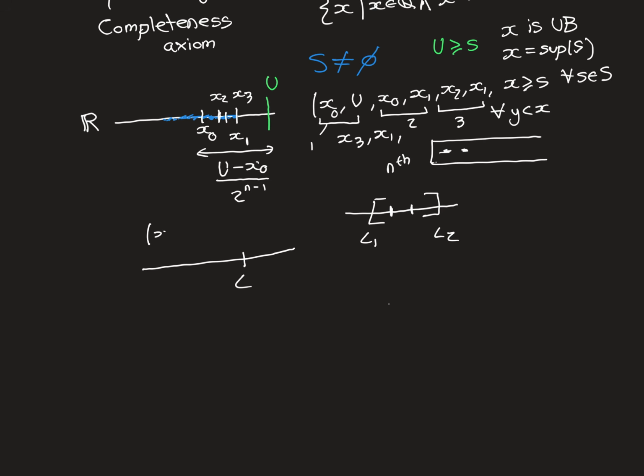So here they are, x0, x1, x2, and then we had x3, and it goes on. So they're all the lower bounds of the intervals that we've used to construct this initial sequence. So these are all not upper bounds, which means that there exists some element in the set that is greater than them for every single one of them.